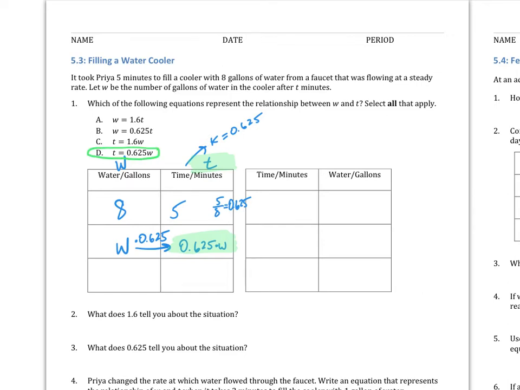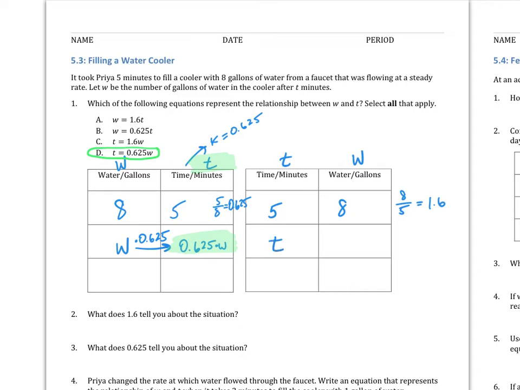Now I'm going to do the other table, where this time it's 5 minutes first and then 8 gallons second. To write my ratio, again I'm going to do the second column divided by the first column, so that's 8 over 5, and that is equal to 1.6. Again, if T is time and W is water, I do need an entry with my variable.